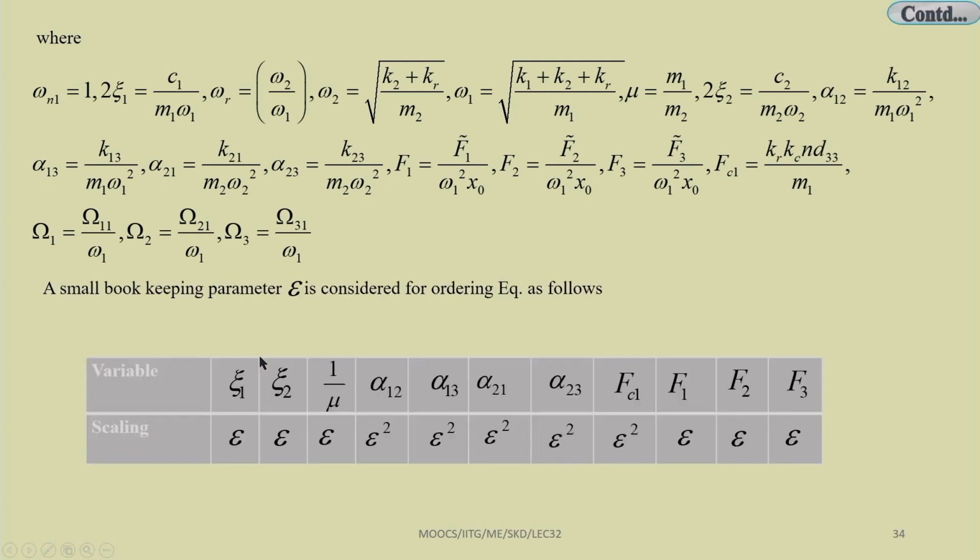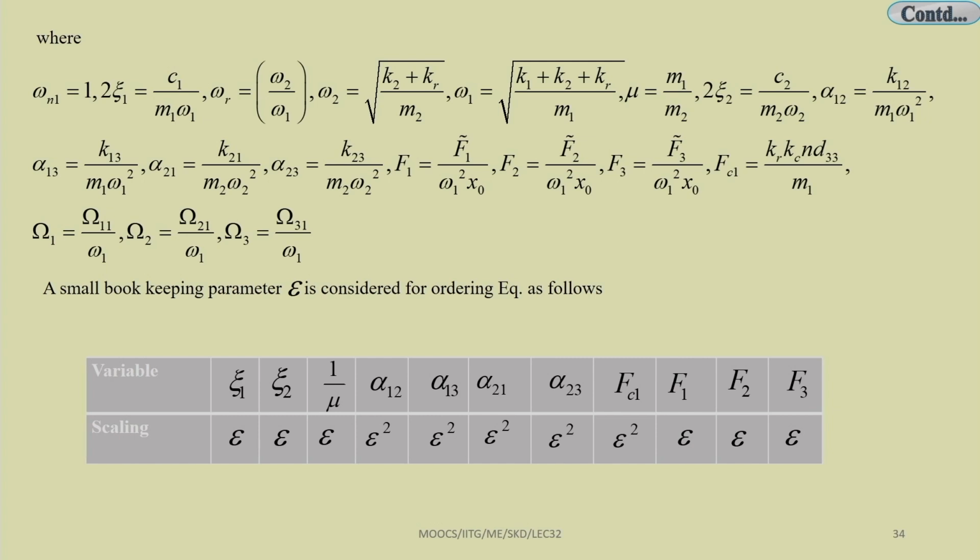So, by dividing by m 1 and then writing, you just see this omega r is taken to be omega 2 by omega 1, and omega 2 equal to root over k 2 plus k r by m 2, and omega 1 equal to root over k 1 plus k 2 plus k r by m 1, and this mu equal to m 1 by m 2, 2 zeta 2 equal to c 2 by m 2 omega 2, alpha 1 2 equal to k 1 2 by m 1 omega 1 square.